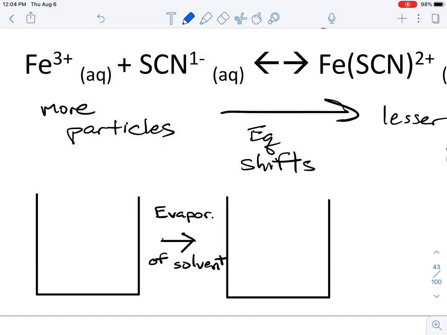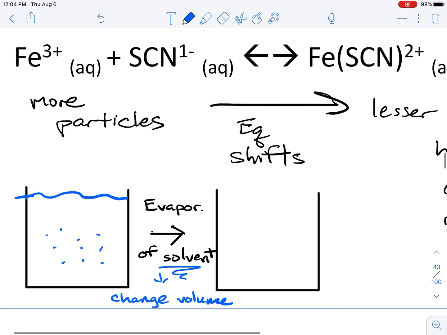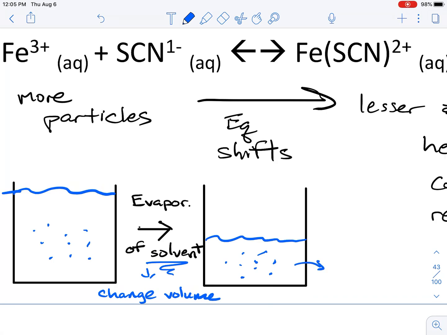So let's just say that we have these particles in this little beaker, and the volume of the solution is this amount, whatever that volume is. And so if we evaporate the solvent, that changes the volume of the solution so that the particles become more concentrated.